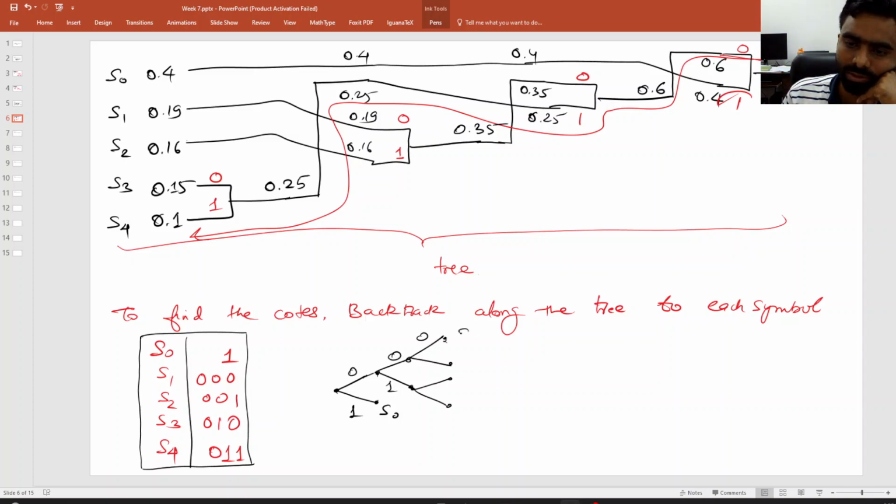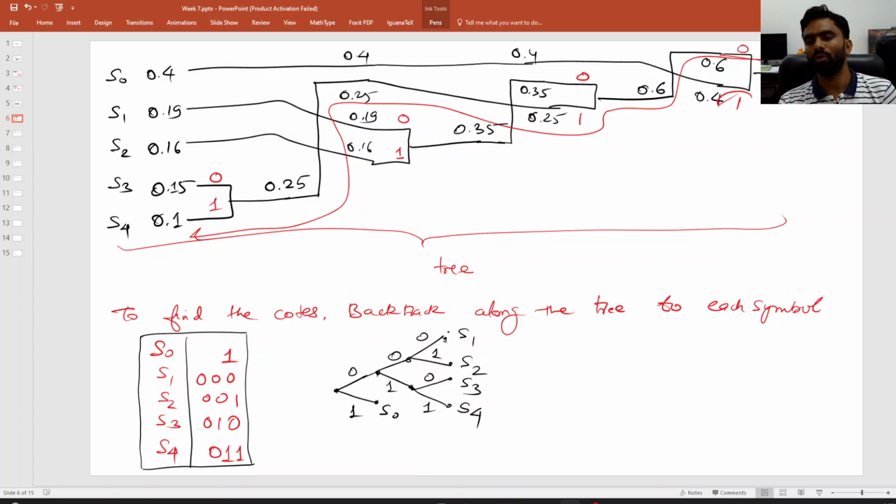It would be S1 in this node, 0, 0, 0, 0, 1, S2, 0, 1, 0, S3, 0, 1, 1. It would be S4. Clear?